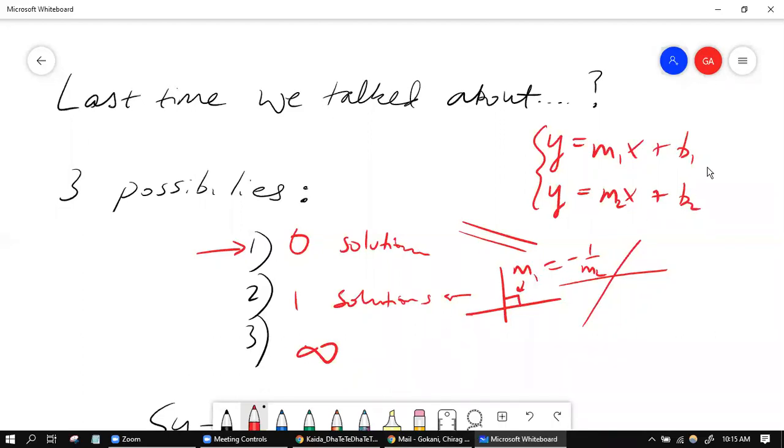Not only do they have the same slope, they have the same y-intercept. Yes. Sorry, people are messaging in the chat, and yes, Matthew, you're right. Alexis, you're right that they have the same slope, but also the same y-intercept. Anyway, you get the point. This is basically the same line twice in a system.